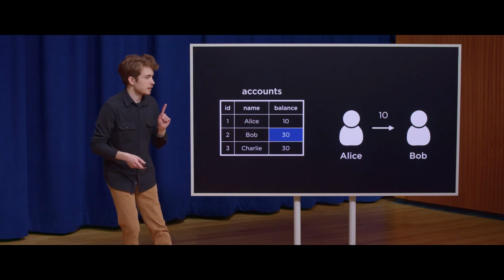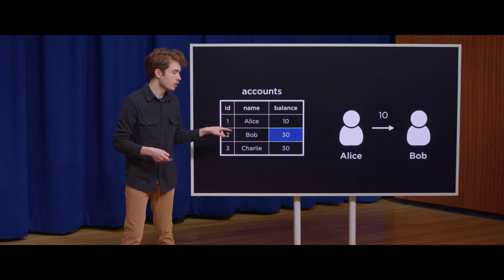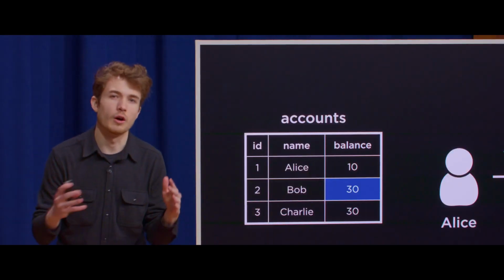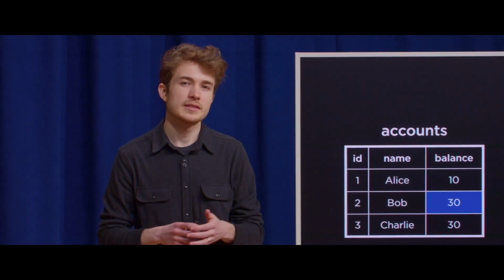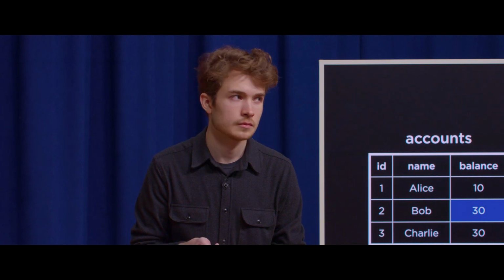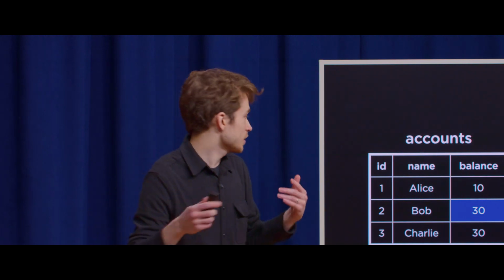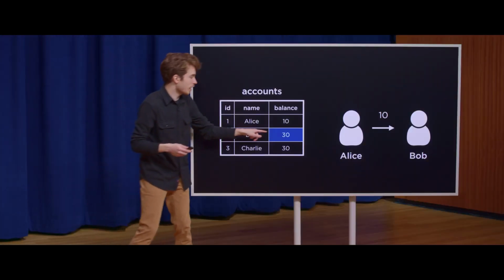But here's the thing. If at this moment somebody looks at this table, what will they see that's wrong? What will they see that they might not get the right picture of at this point? I'm hearing they might not see the correct balance for Alice. Bob has gotten some money.